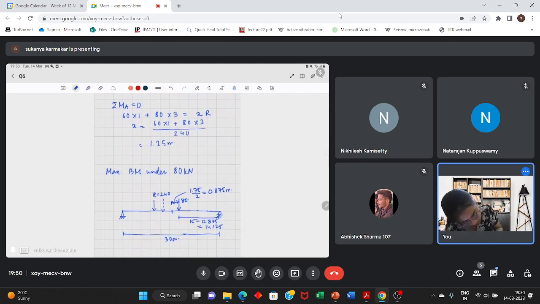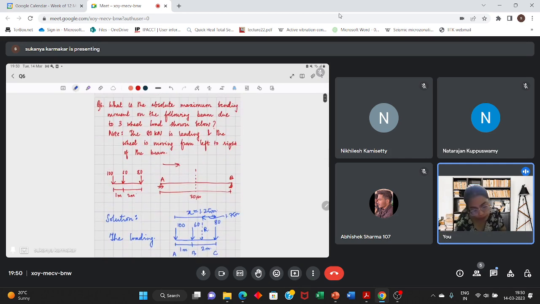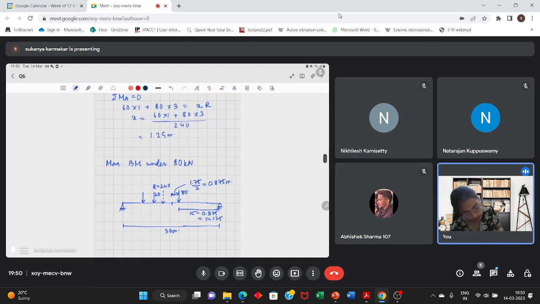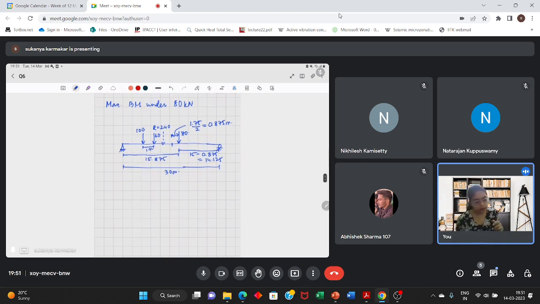So place 60 kilonewton here, and one more load which is 100 kilonewton, 1 meter away. And how much is this? This is 15 plus 0.875, so it is 15.875. Now you have to draw the influence line diagram.